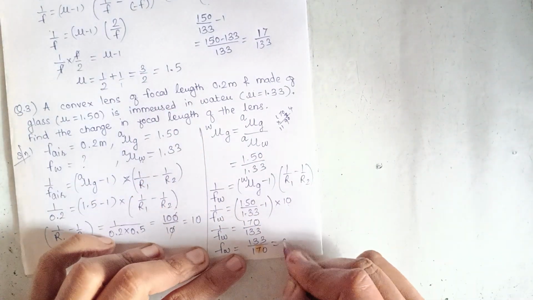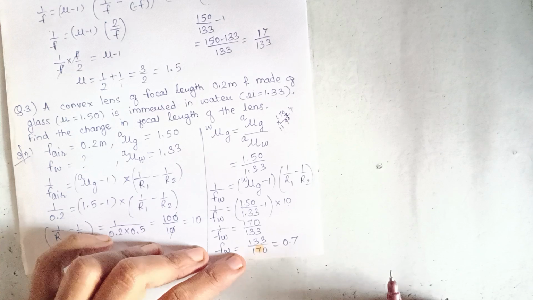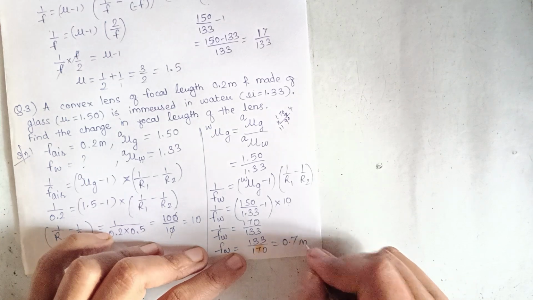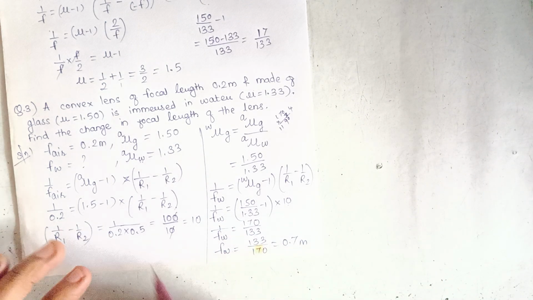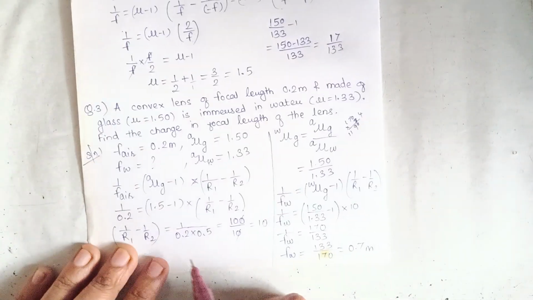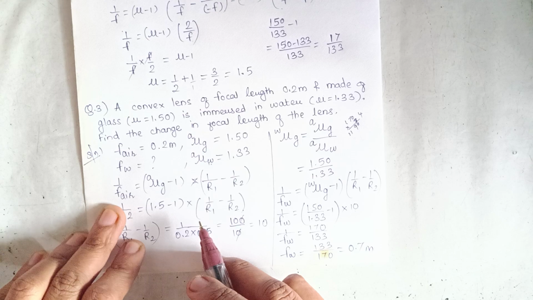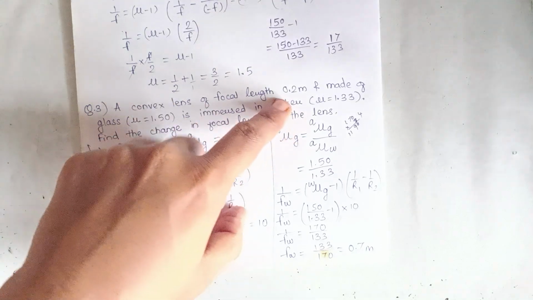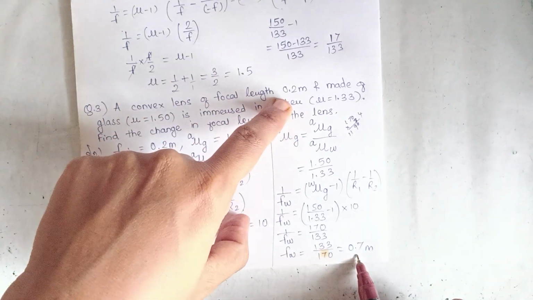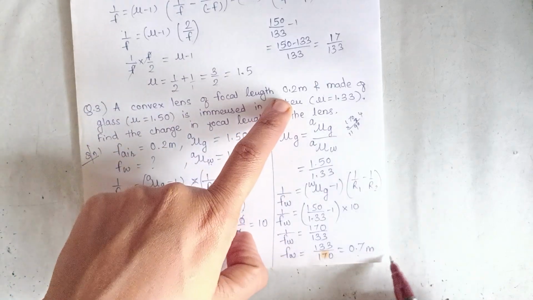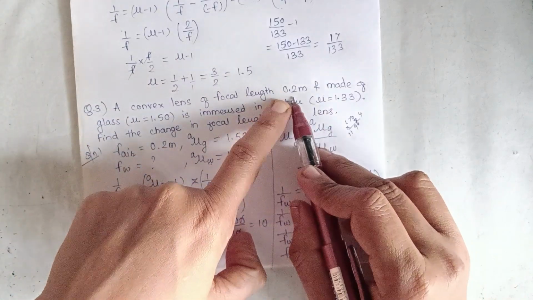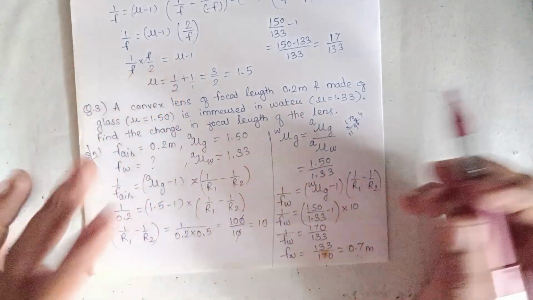The answer is 0.7. This is the focal length. So we have got the focal length in air, that is 0.2, and this is the focal length in water. So we have to find the change. Change is 0.7 minus 0.2, that is 0.5.